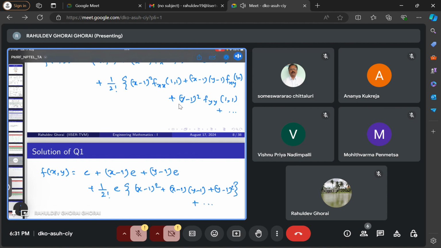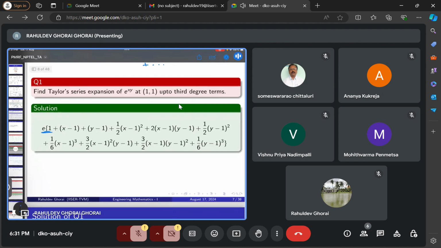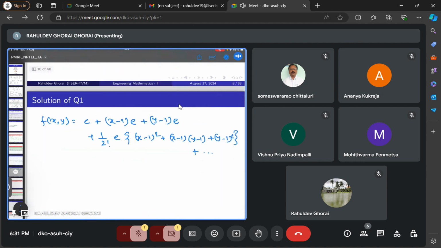So third term you can compute and you can find that this is the solution I have written. See, we get the same thing: e times 1, e times x minus 1, e times y minus 1, e times all these three terms. See, up to this we got. So third term, you just try to find out the third term.